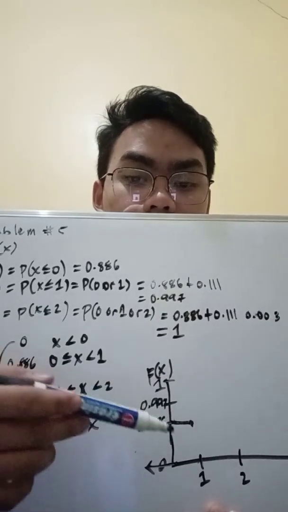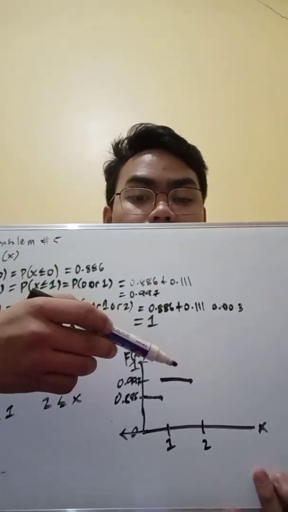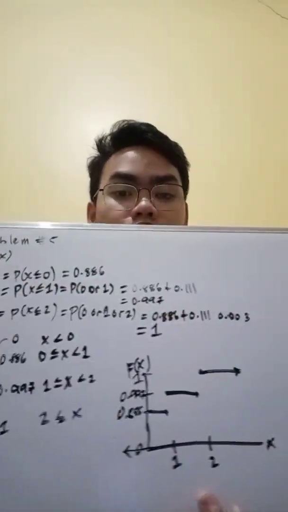This is for 0.886. Okay, for 0.997, we will start the line from 1 and approach 2, but not equal to 2. Okay, like this. And for our value 1, we will now start from 2, and then we will just put an arrow to it. So go like this. Okay, so that's it for this problem. Thank you for watching.